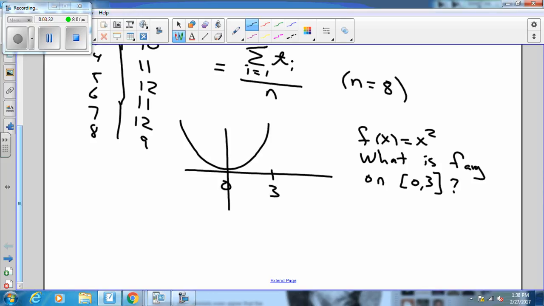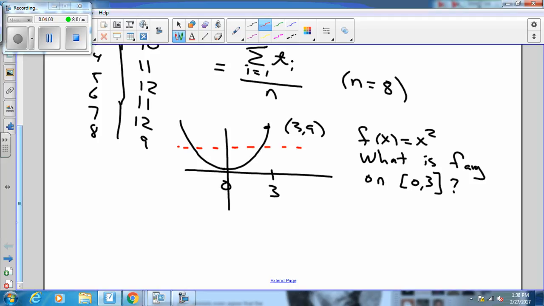The question kind of makes sense because my graph is going to go from 0, 0 all the way up to 3, 9, right? And so the average value is in some sense the middle height, which looks like it's going to be somewhere around 4 or 5. I'm not so foolish as to think that it's going to be just 4.5, right?